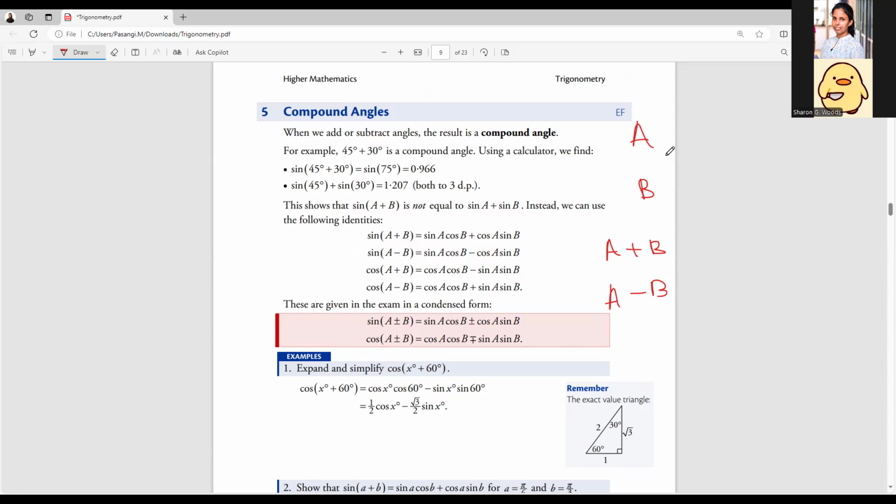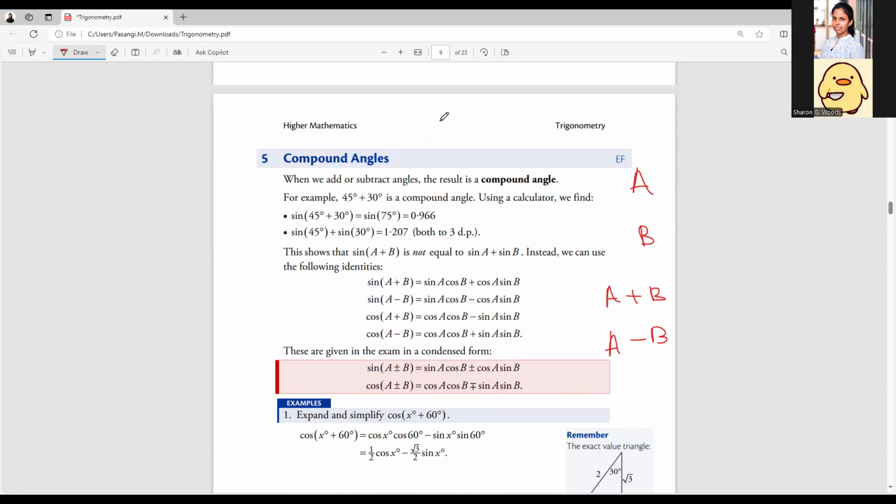For example, 45 degrees plus 30 degrees is a compound angle. The value would be 75. We can rewrite 75 as an addition of two angles, 45 plus 30. So it would be a compound angle.